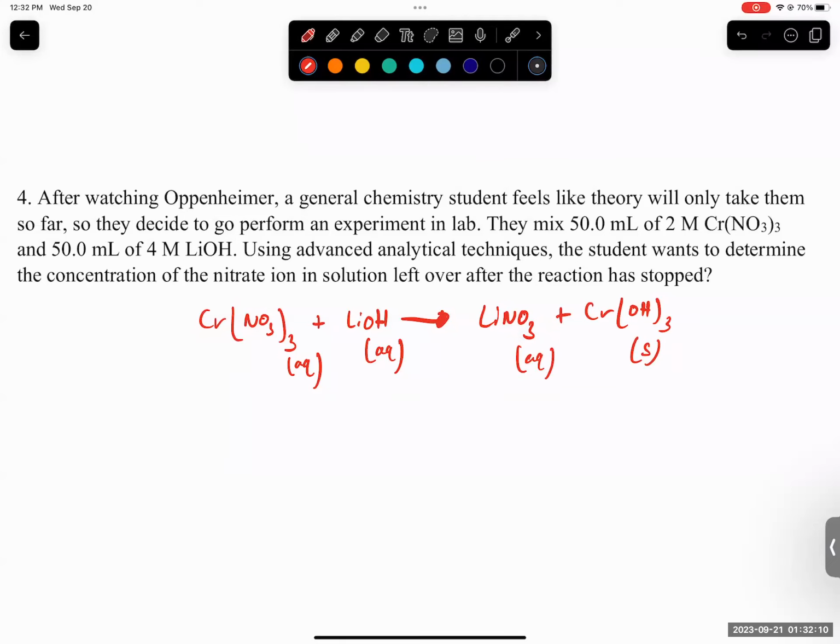Basically, what happens is the anion from this one mixes with the cation from this. So the positive chromium 3 plus mixes with the OH negative, and you just switch the two like that. How do I know chromium has a 3 plus charge? Because of the subscript 3 here under the nitrate.